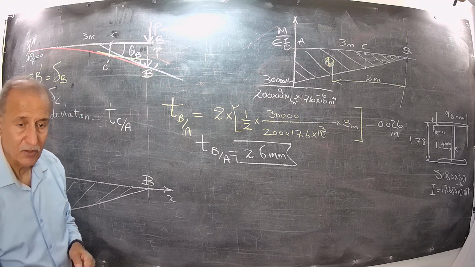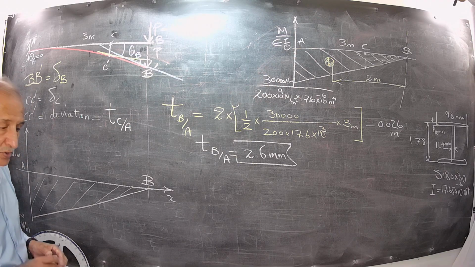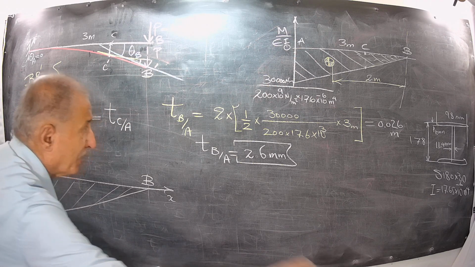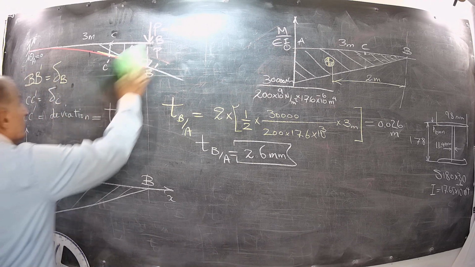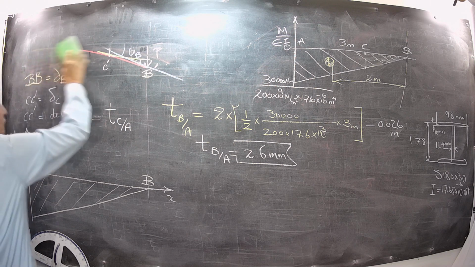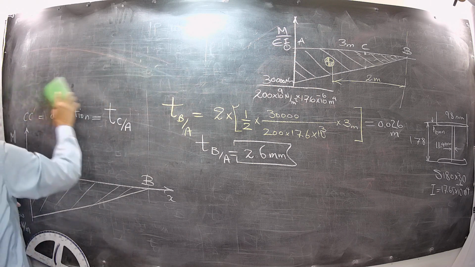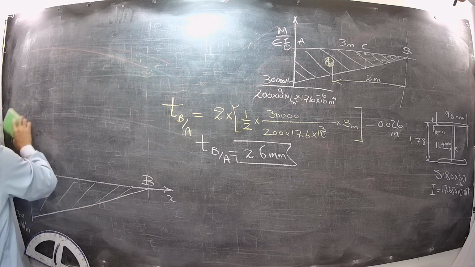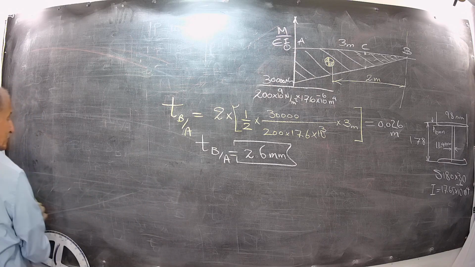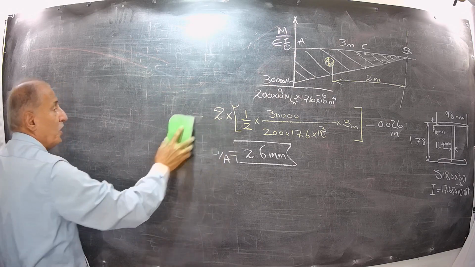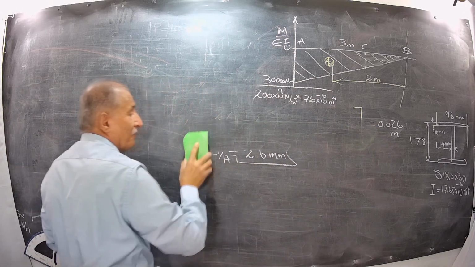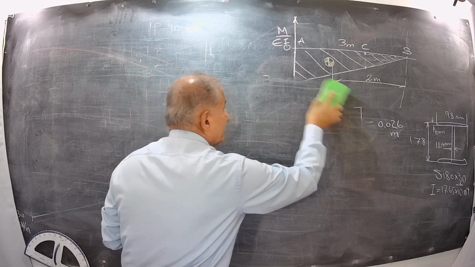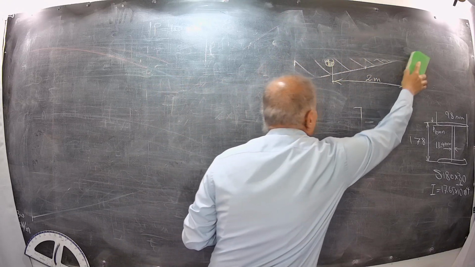let's go for simply supported beam and find out what happened for deflection and deviation if we have simply supported beam. Then you know what is the first theorem and what is the second theorem.